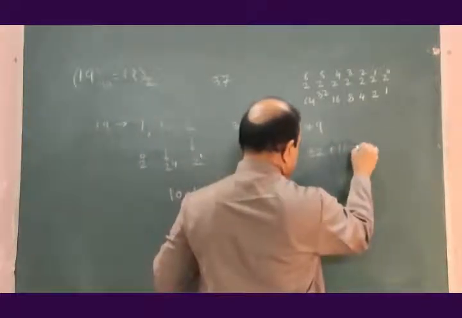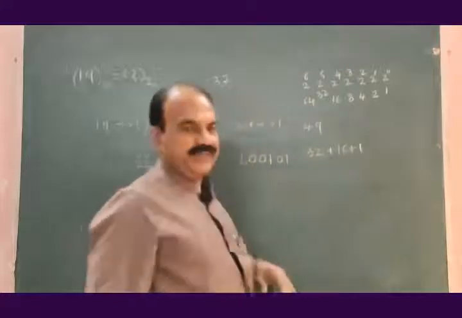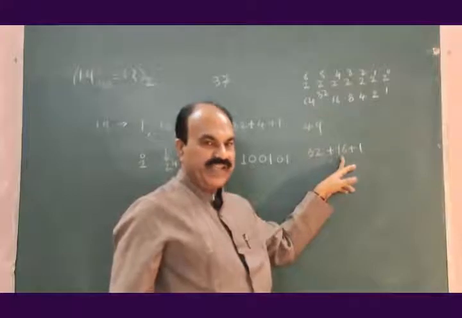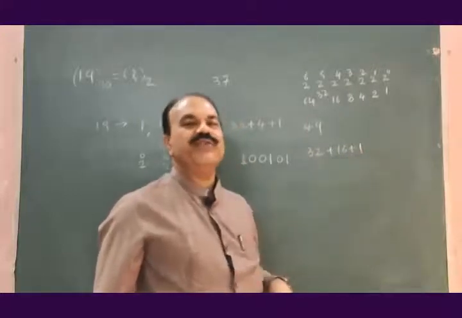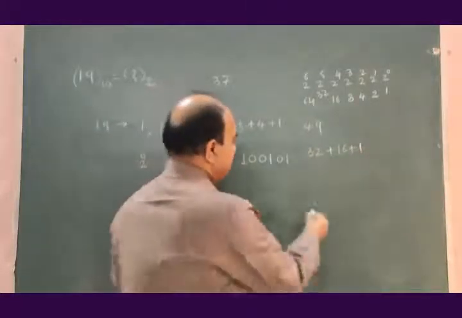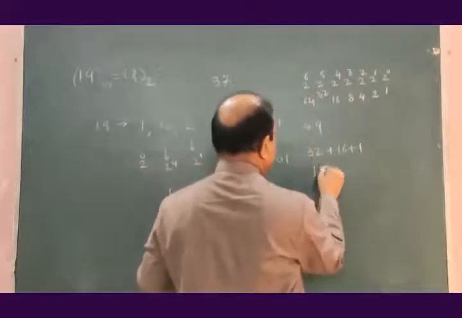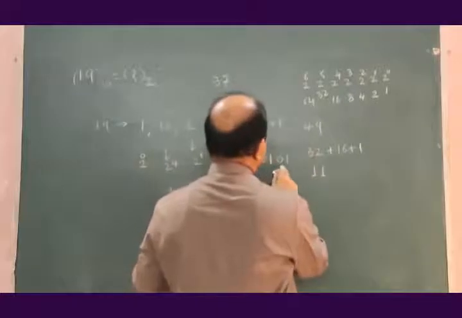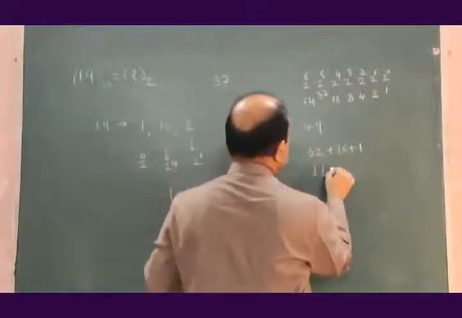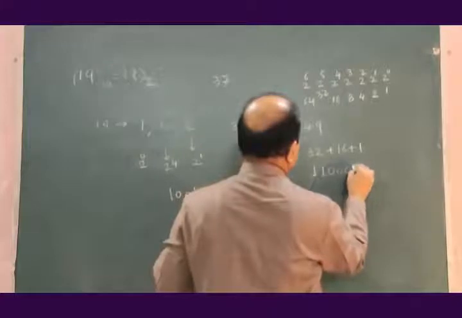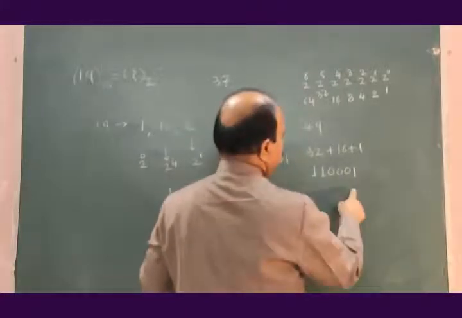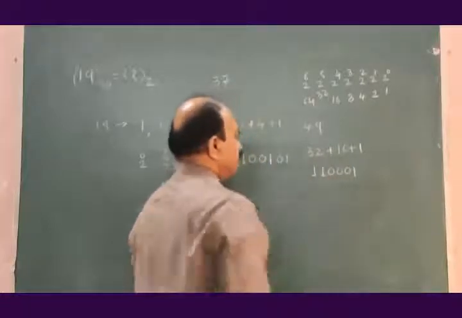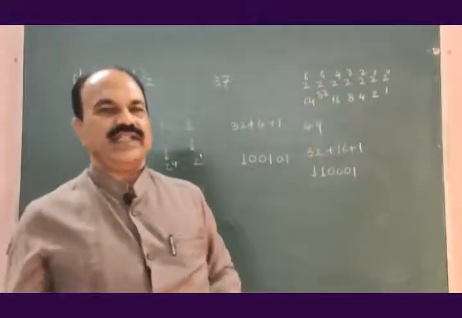Take 16, 1 left. 32 plus 16, 48, 48 plus 1, 49. And this is 1 for 32, 1 for 16, followed by 3 zeros, followed by 1. 1, 2, 4, 8, 16, 32. So this is 49.